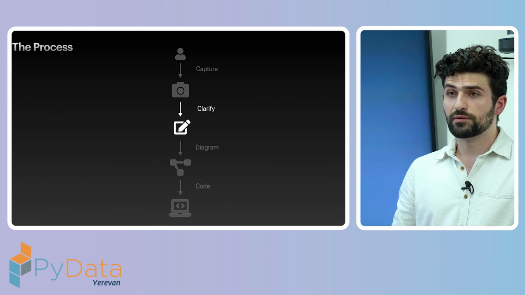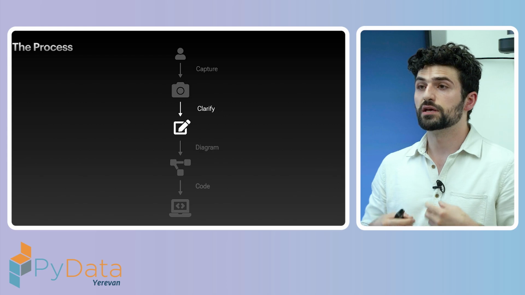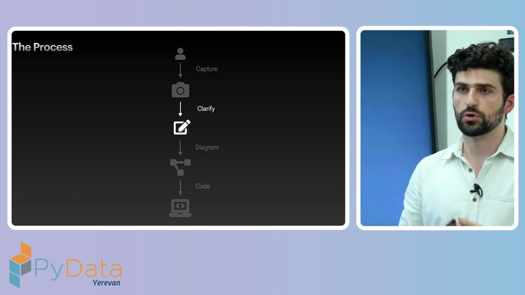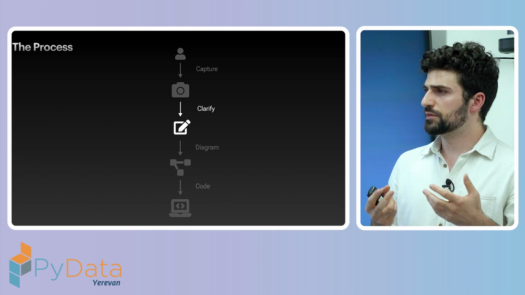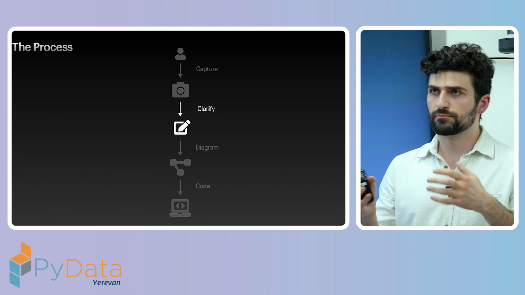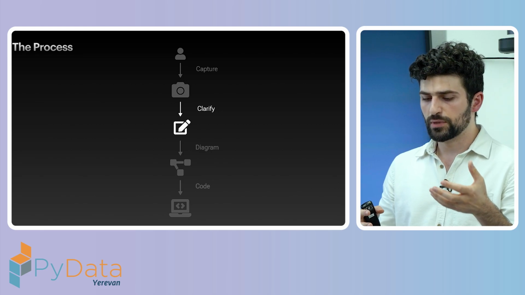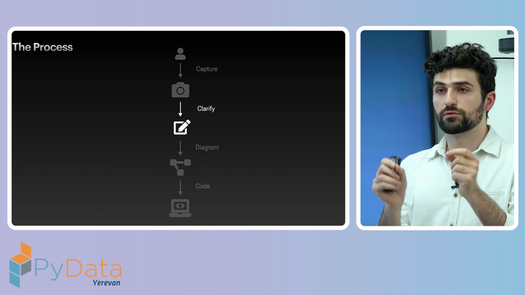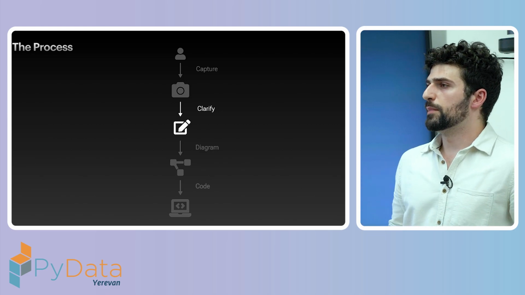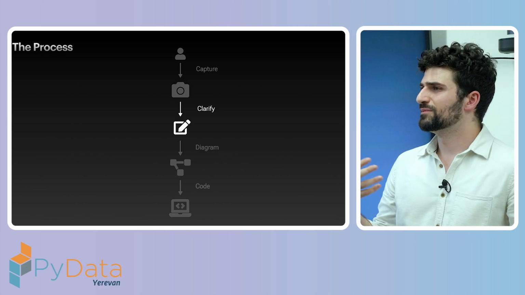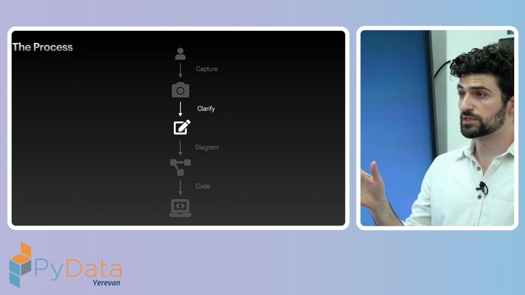The next step, immediately after that, once you have the core requirements, is you want to clarify them. So what does this mean? There's a couple ways to think about this, but I'll go over the couple. One thing that I mean is we want to make the requirements as specific as possible. So a requirement might be, I want to be able to visualize a correlation between two variables. That's fine.